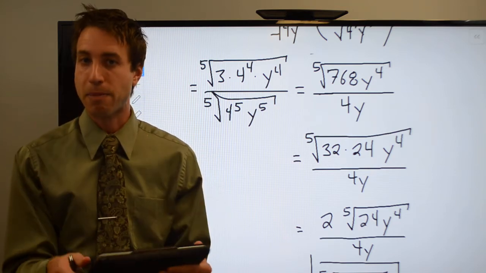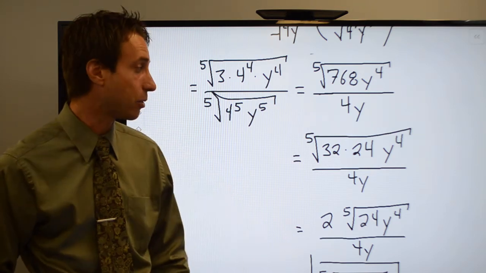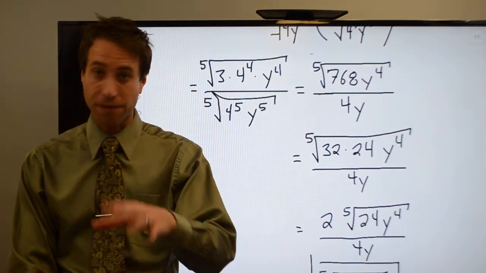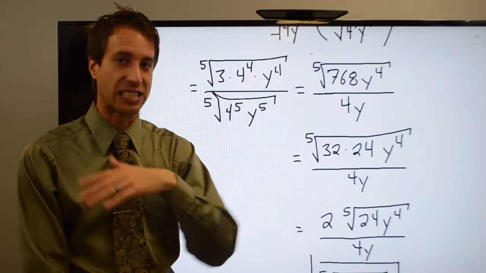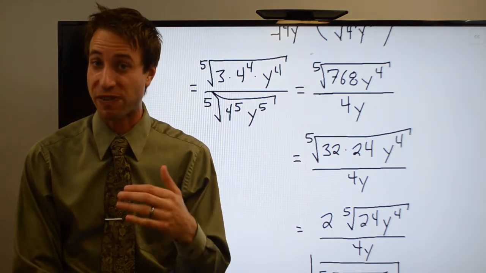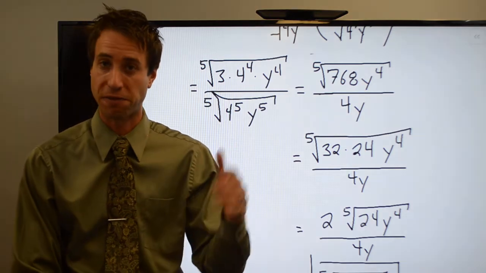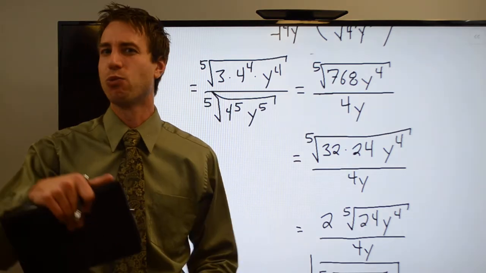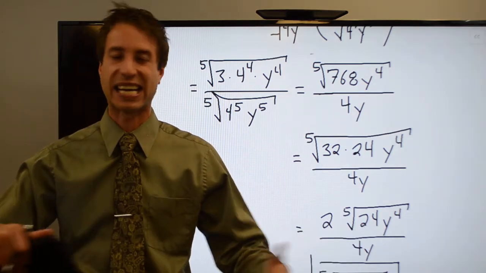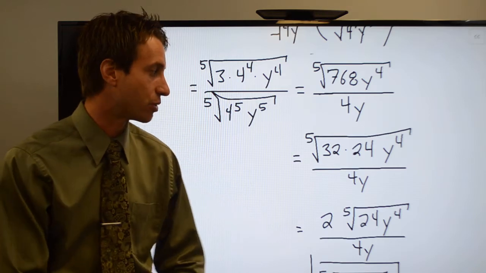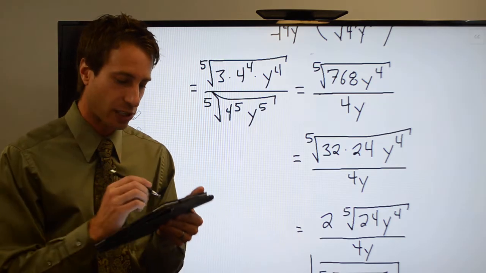Just keep in mind that you're going to want to check and see if 768 is divisible by any perfect fifth roots, right? In this case, it happened to be divisible by 2 to the 5th. And so it wouldn't take you very long. It'll take you a couple of seconds to run through and check and see if it's divisible by any of the perfect fifth roots. And actually, in fact, let me just explain to you how I would do it.